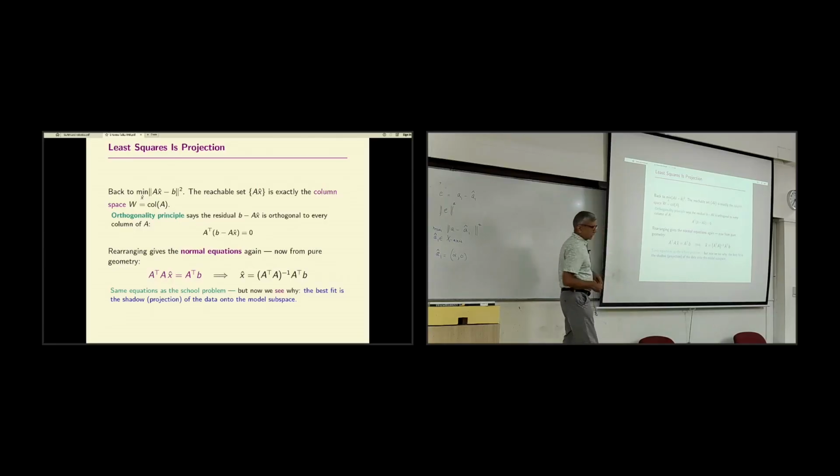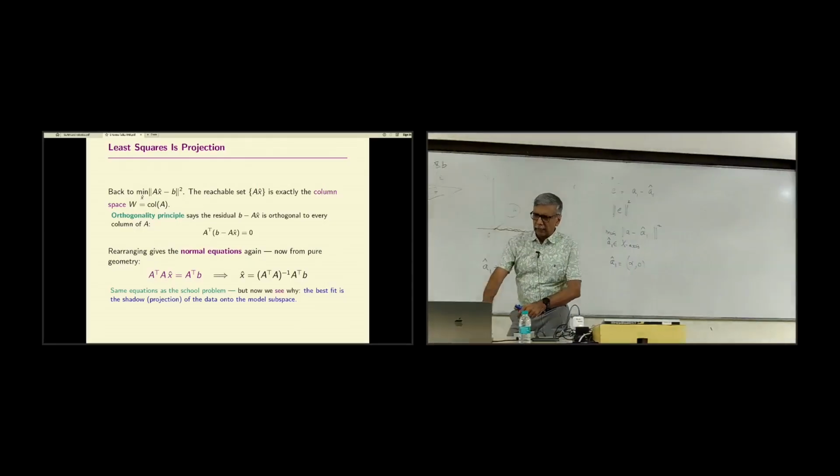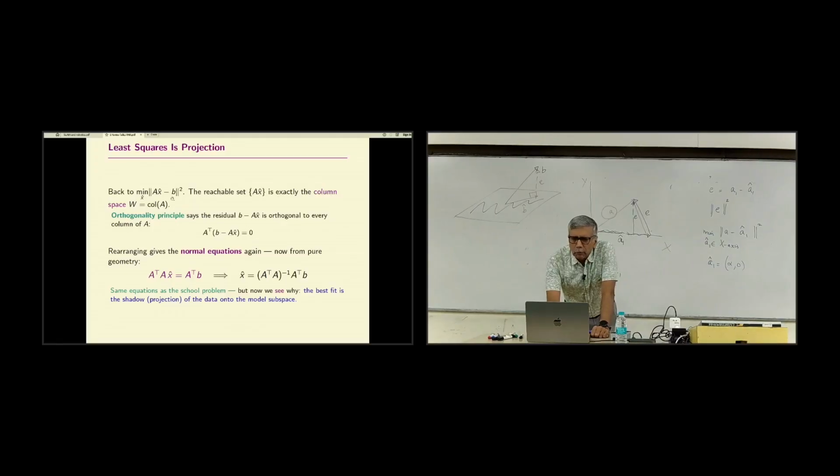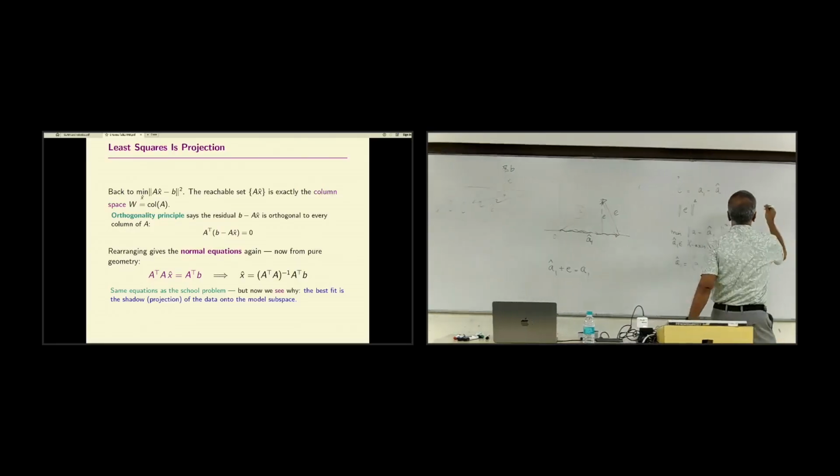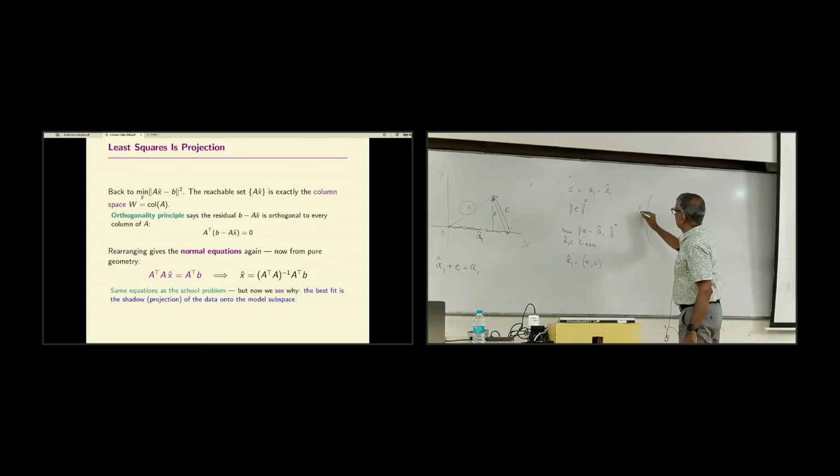We are trying to find that combination of the columns of A which is closest to B, right? So now this quantity here is the error. If we want to extend the notion of orthogonality, this error should be perpendicular to the columns of A. So these were the columns of A.